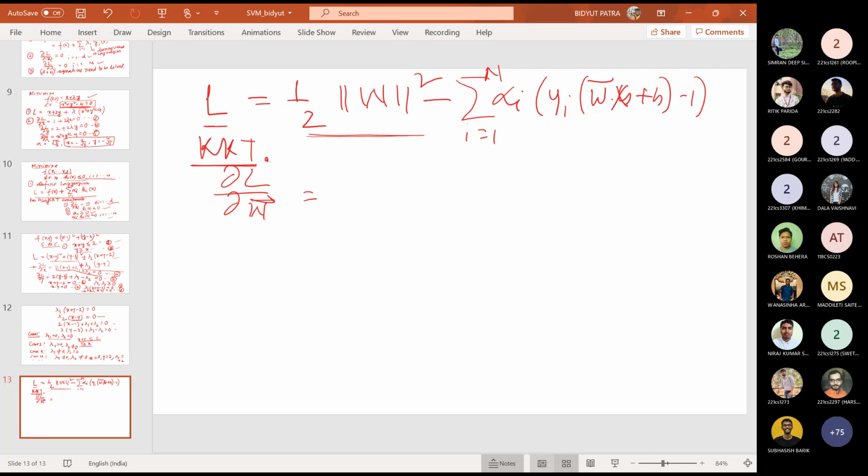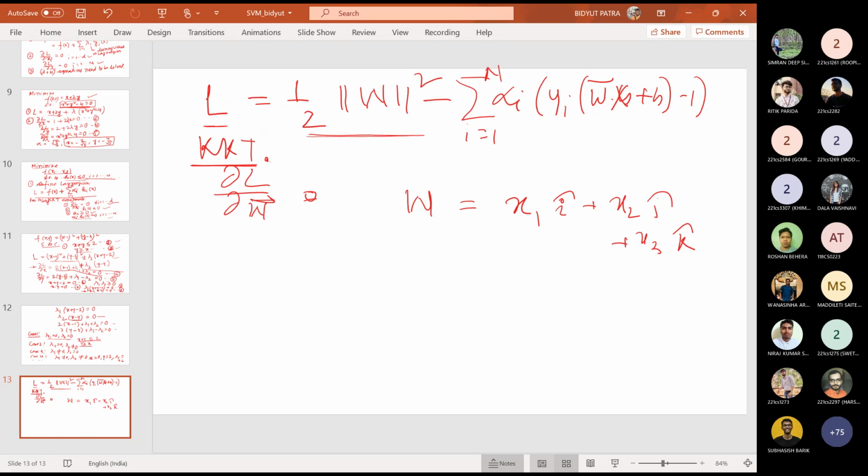Let's say w is a vector, so that is x1 in the first dimension, i, plus x2 j plus x3 k. Now you take the magnitude of w.